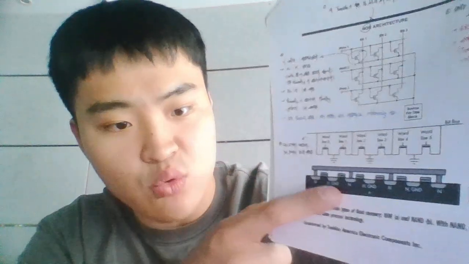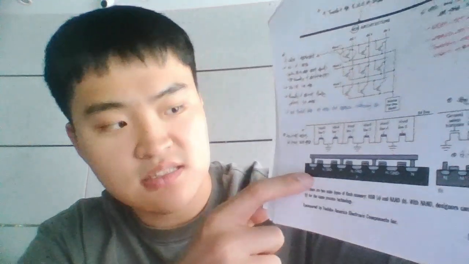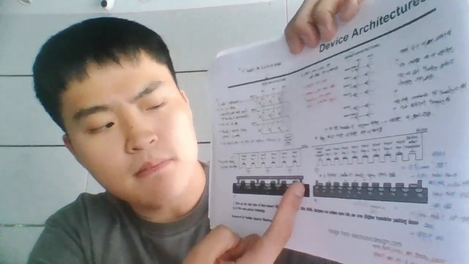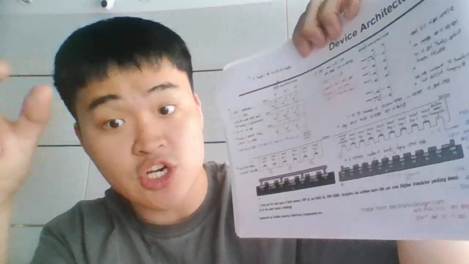Oh, so this is the NOR. This is the NOR structure figure, and this is the NAND structure. As you can see, there's a metal line connected with the junction. So the NOR structure has a disadvantage in the degree of integration because we have to make the junction bigger than in the NAND, because we have to put the metal line on the junction.